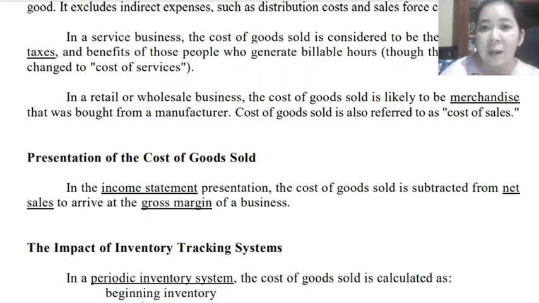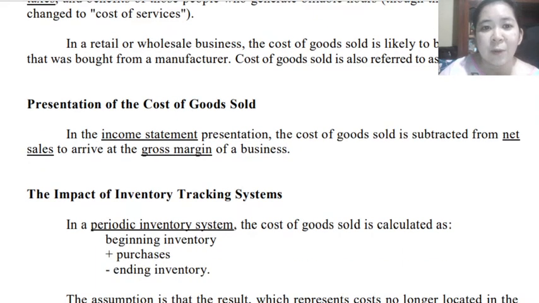So for a merchandising type of business, they can use the term cost of sales as the equivalent term for our cost of goods sold. Basically, cost of goods sold is for a manufacturing type of business. So this is what they will use as a subheading in preparing their income statement.